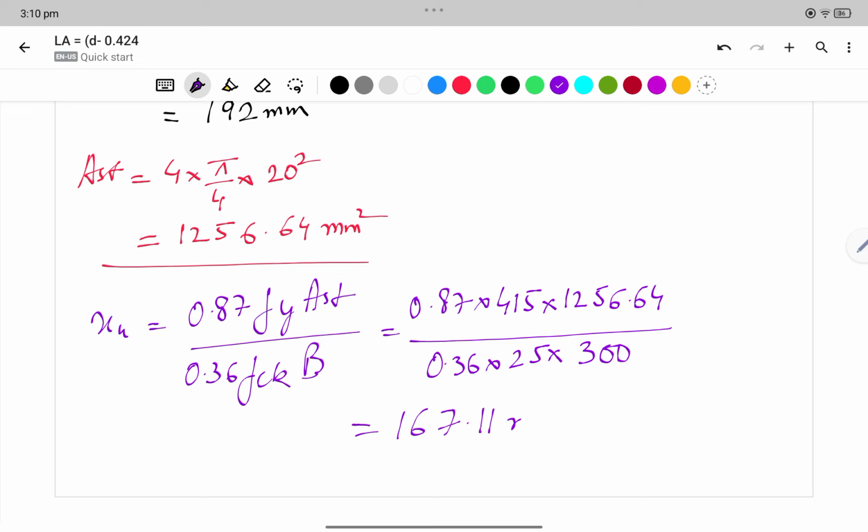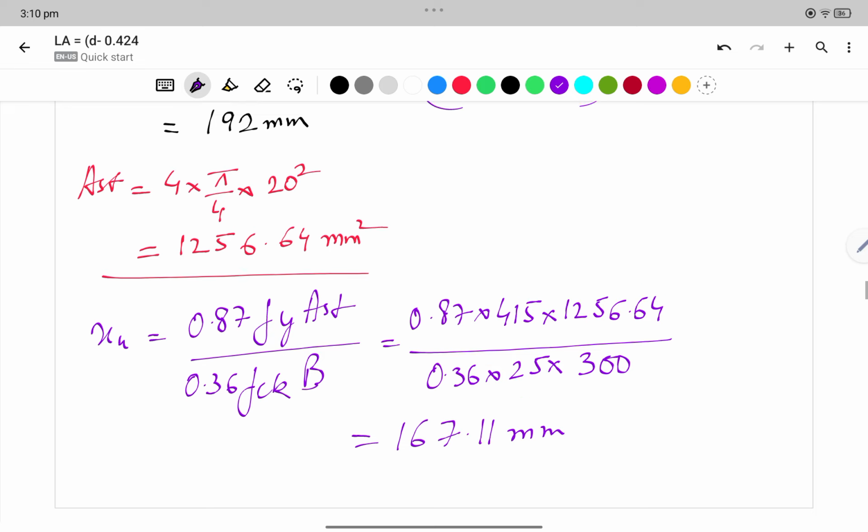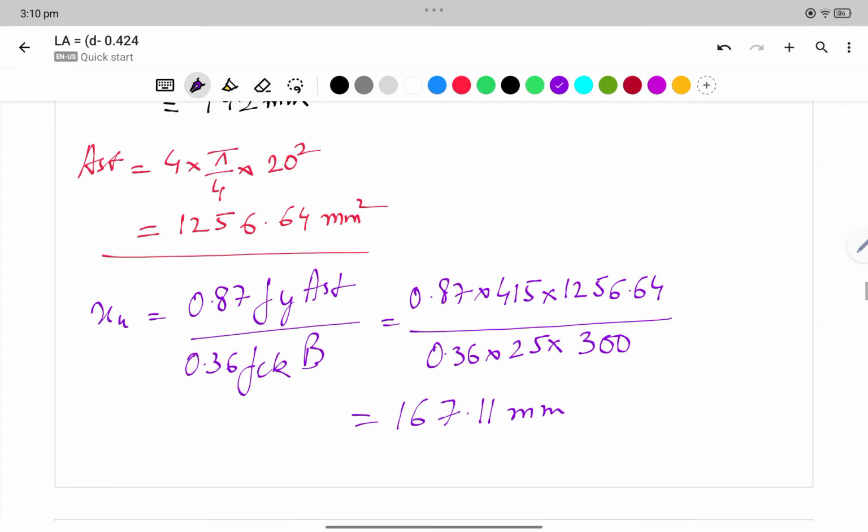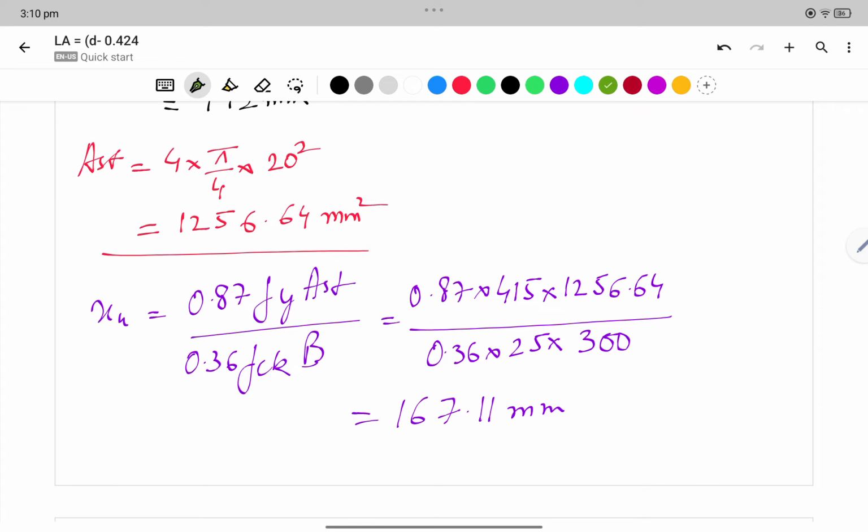167.11 mm. You can find that XU limiting is greater than XU, so it is under reinforced. So we will take the XU value as 167.11.